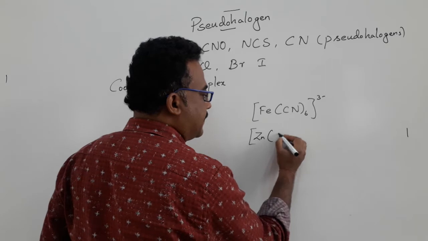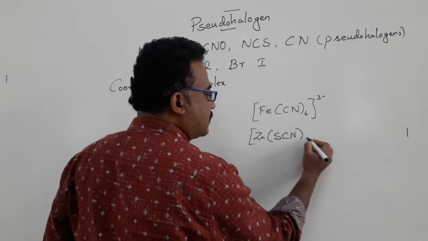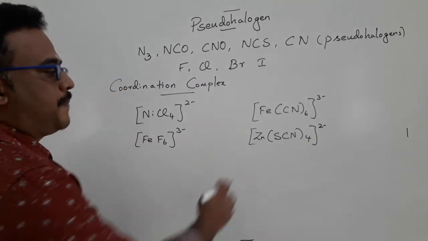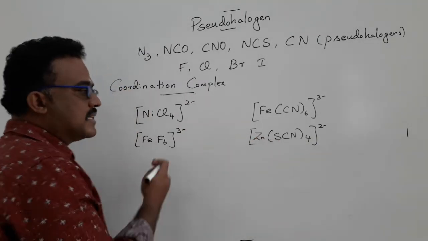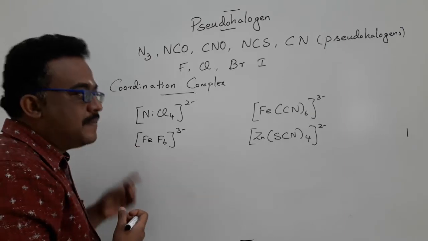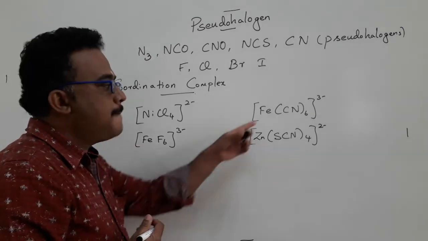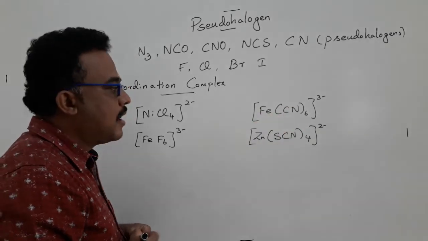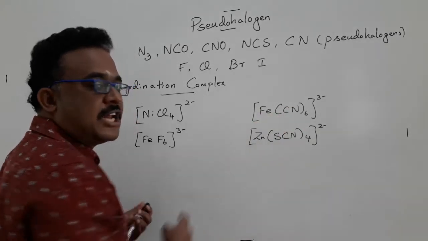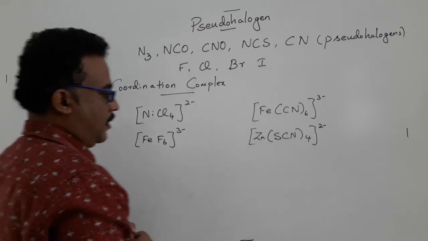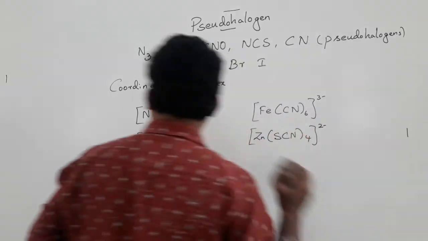Another example is zinc complexes of thiocyanate. So again, just as halides behave, similarly the ambidentate ligands or inorganic radicals CN and SCN also behave in the same way.